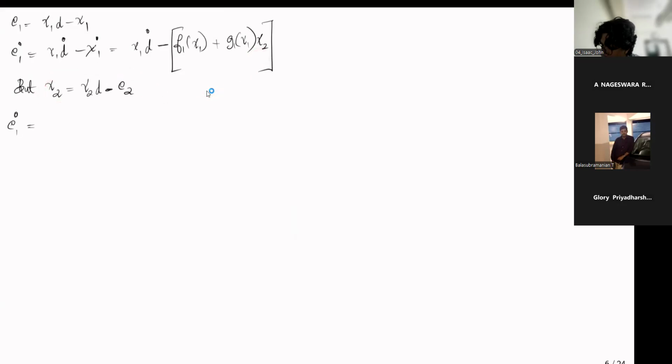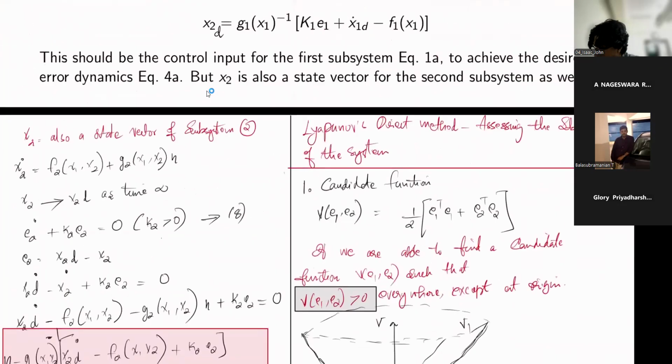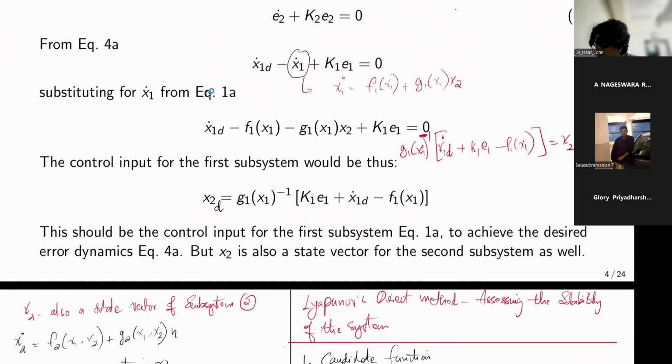E1 dot would be x1 desired dot minus f1 of x1 plus g1 of x1, this whole thing, multiplied by x2 desired minus E2. So I'll just open a curly bracket over here. And x2 desired, we have already obtained this expression for x2 desired. It's this one actually. G1 inverse K1 E1 plus x1 desired dot minus f1 x1.